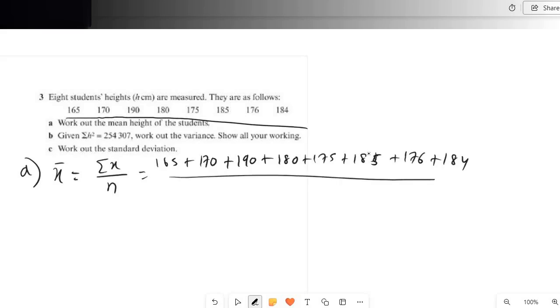As you can see, there are 8 here, so we divide this by 8 and we get a value of 178.125 centimeters. To round this to 3 significant figures, we can say that this is going to be 178 centimeters. This is the mean height.